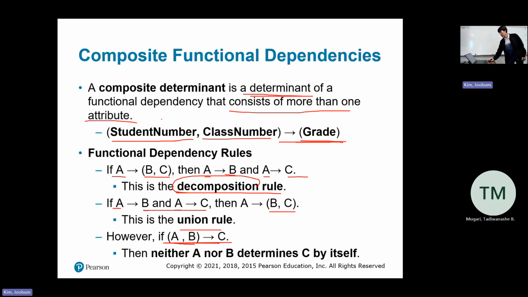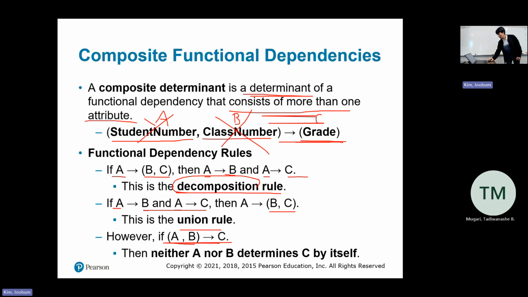Here, student number is A, plus course number B, determines grade C. So in order to get the grade, we have to know A and B. Without B, the course, student number alone, which course's grade?